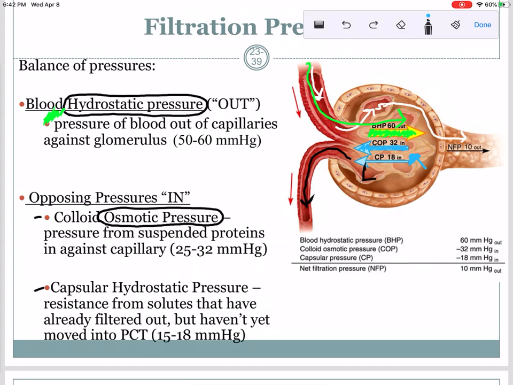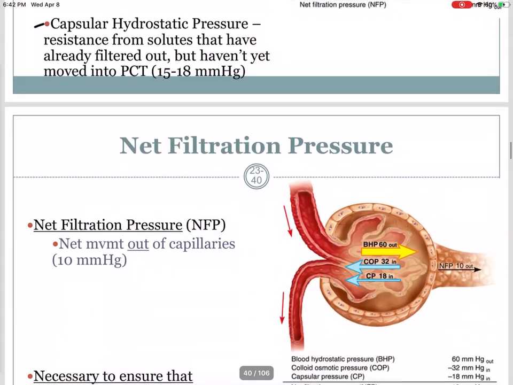The hydrostatic pressure is helping to filter fluid out of the glomerulus into the capsular space, and the osmotic pressure is the resistance force from the capsular space back in to the glomerulus. Don't worry about capsular hydrostatic pressure now.